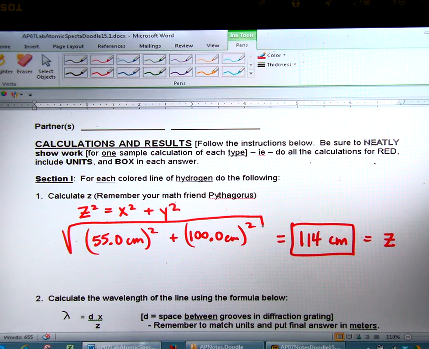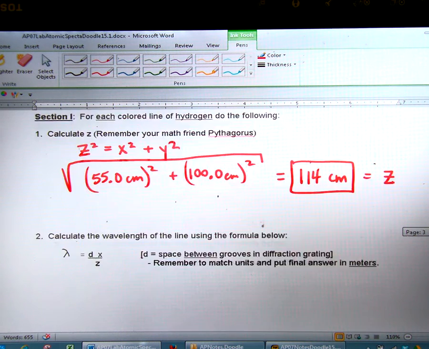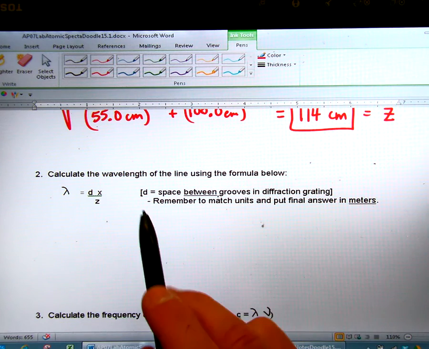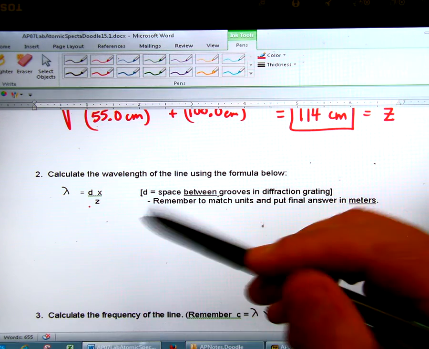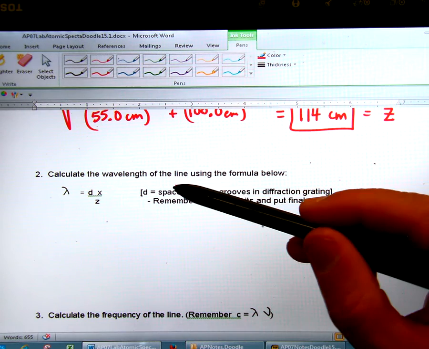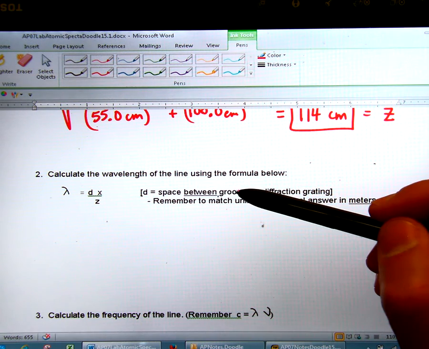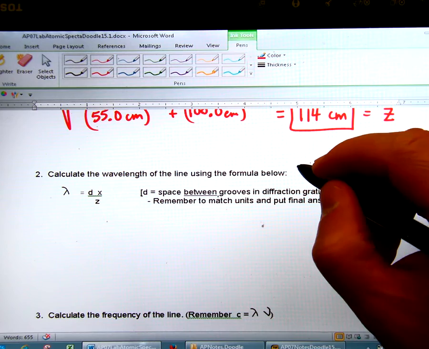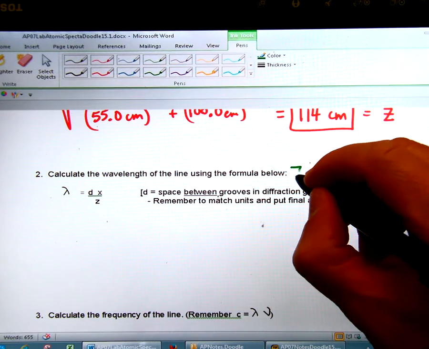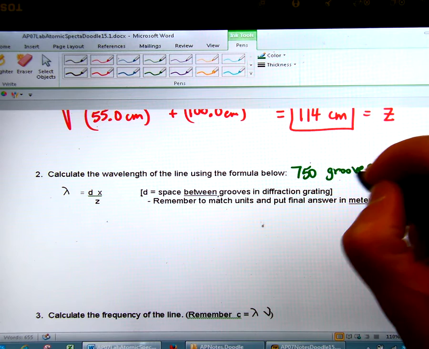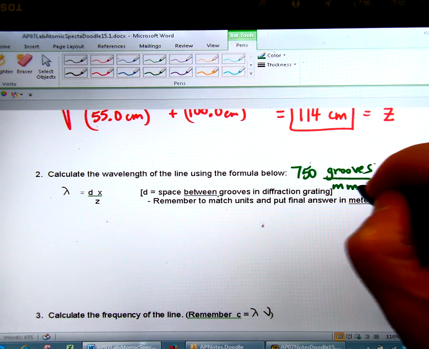So, of course, you're doing this with your calculations. And let's just do red. Now you're going to need to find the wavelength. The wavelength is equal to D times X over Z. So we already know X, we already know Z, but now we have to get this D. D is the space between the grooves in the diffraction grating. Now the diffraction grating had 750 grooves per millimeter.